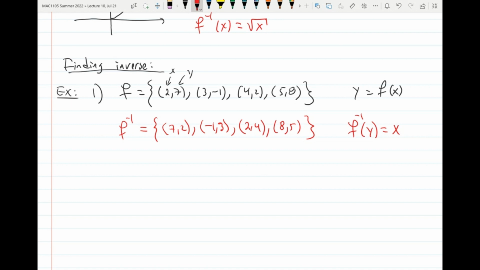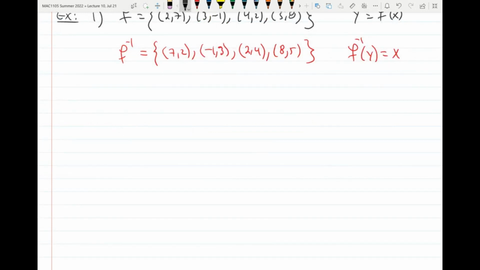In this case, the domain of the inverse is given by y, which is the range of f. And what can you say about the range of the inverse? Now the range is given by x, and x is the domain of f. So when you find the inverse, you're switching domain and range. You understand this? Because you switch x and y, you switch domain and range.